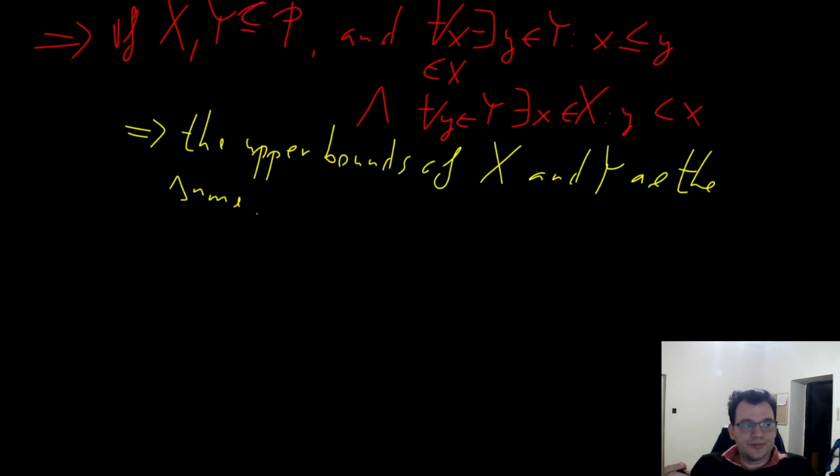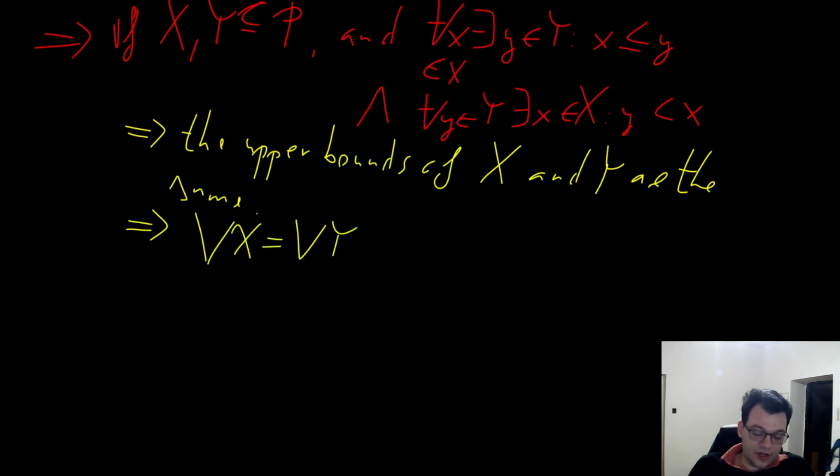So this basically enables us to change our set a little bit and deduce that if the supremum of a set is computable, then it will be the same, because if the upper bounds of X and Y are the same, then it also means that the supremum of X is the supremum of Y in that case.